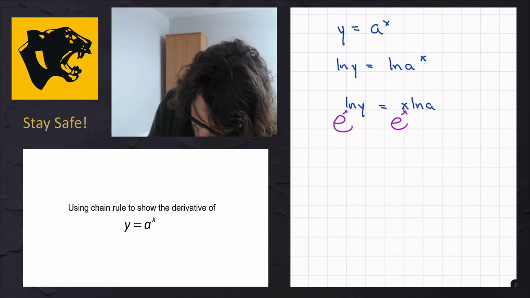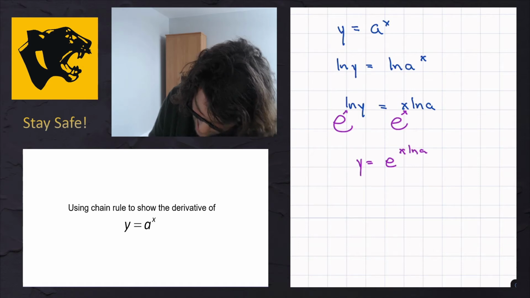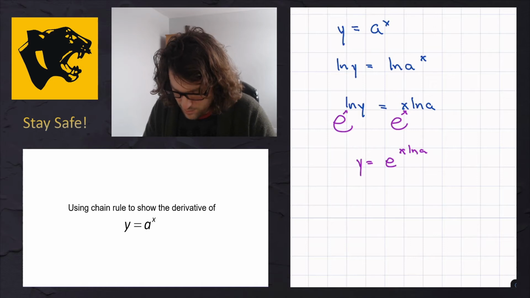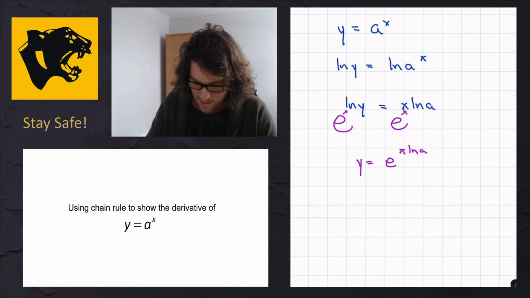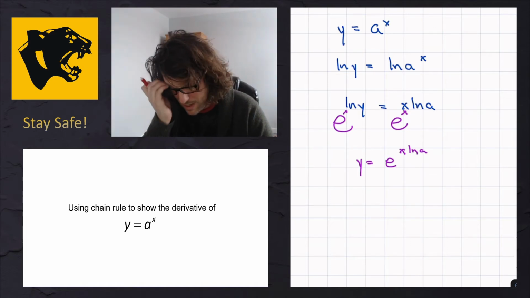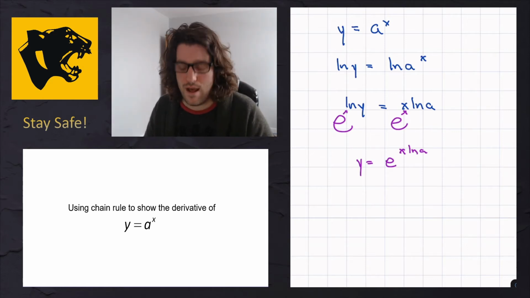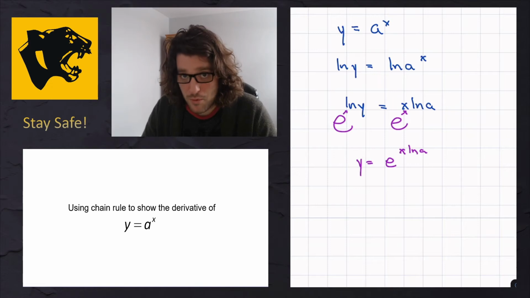So we'll get our y back, and it's going to give me e to the x ln a. Now, there's a faster way that I could have maybe done that from the original statement, but I find that this method gives you a little bit of an easier path to follow along. So we get y is equal to e to the x ln a.